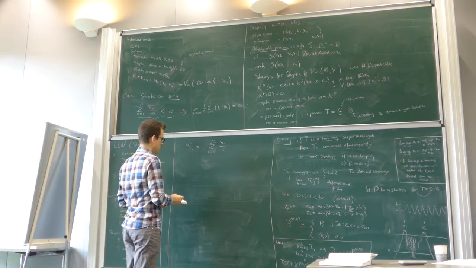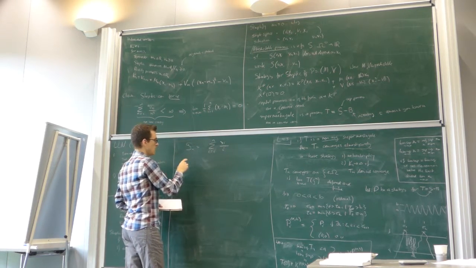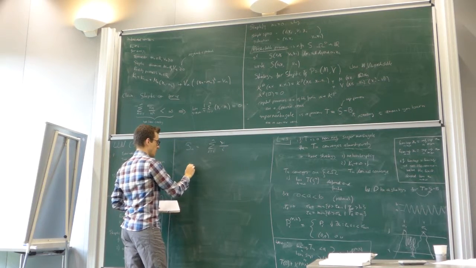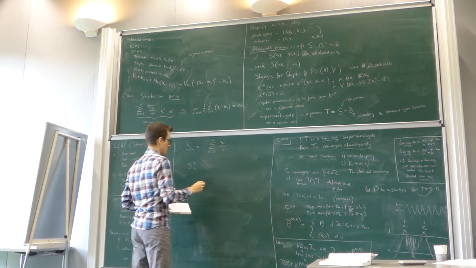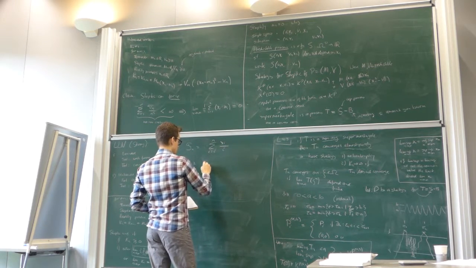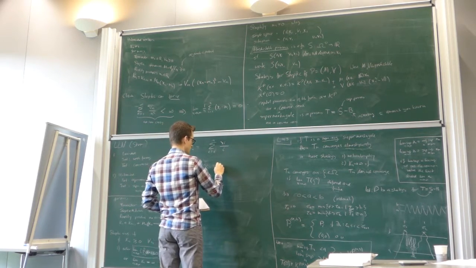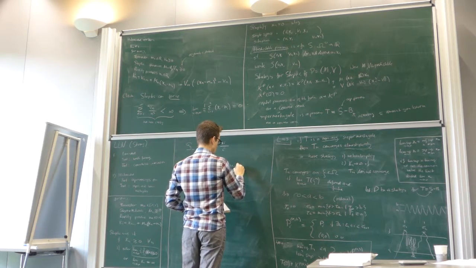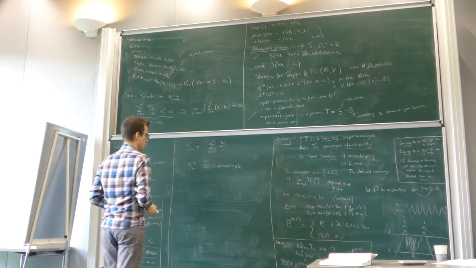Okay, so what are the steps in the proof? Well, the first thing to show is that Sn squared is roughly a super martingale too.